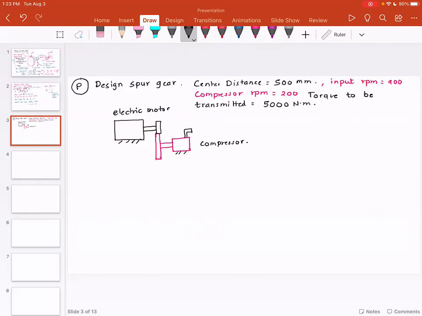So they did not give us the power, but in this case, they are saying the torque is 500 Newton meter. And the starting torque is 25% more.